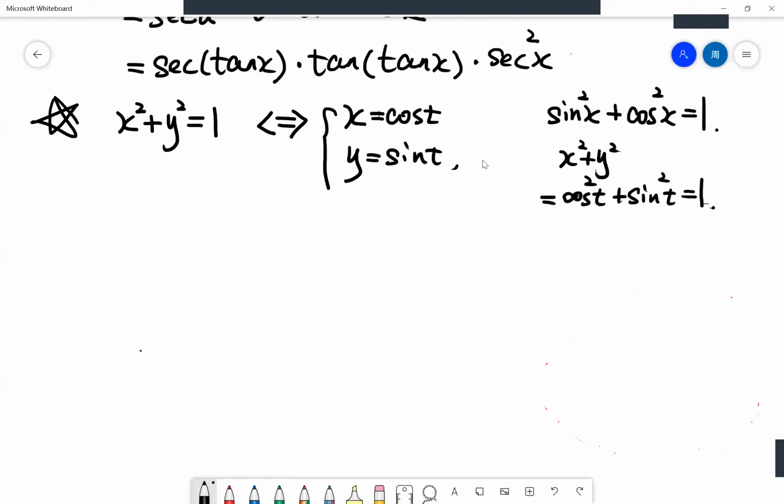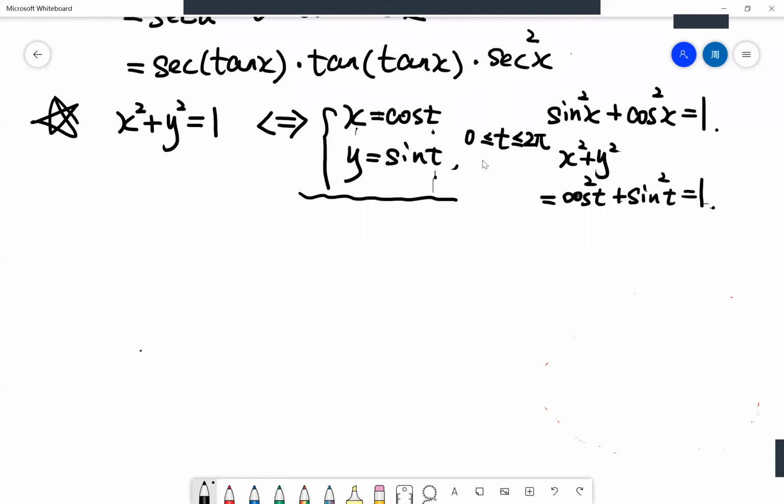Here you can see x and y are two functions of the variable t, where t is larger than or equal to 0 and smaller than or equal to 2 pi. 2 pi means a full circle.